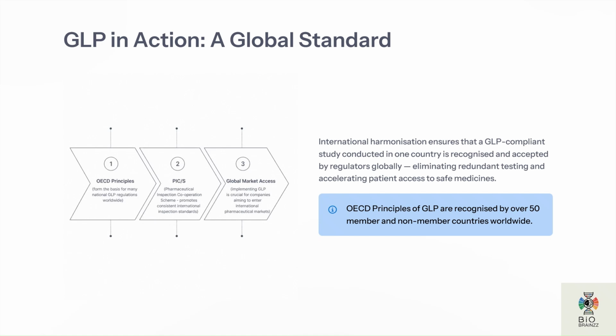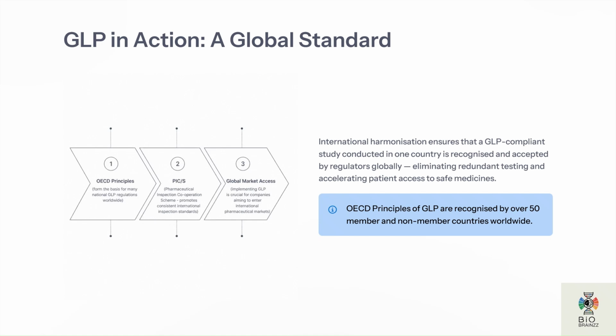Today, GLP is recognized internationally. A GLP compliant study conducted in one country can often be accepted by regulatory authorities in many countries. The international harmonization reduces duplicate testing and accelerates access to medicines and healthcare products. More than 50 countries recognize OECD GLP principles.